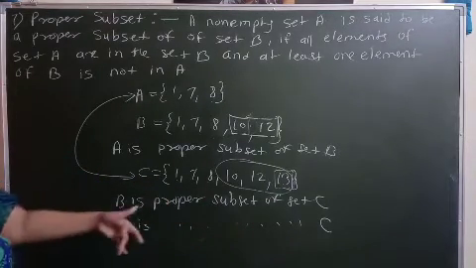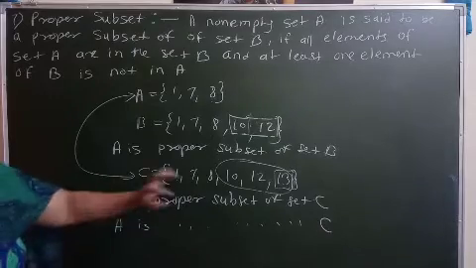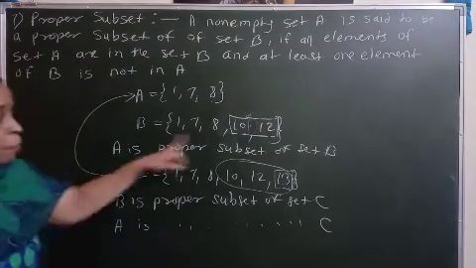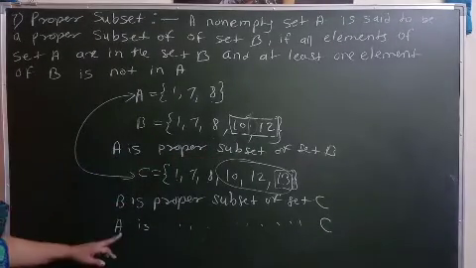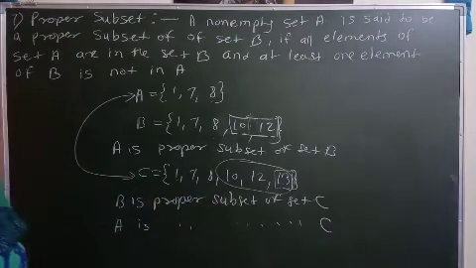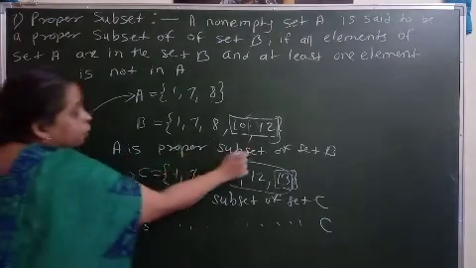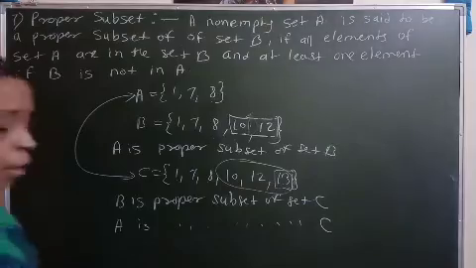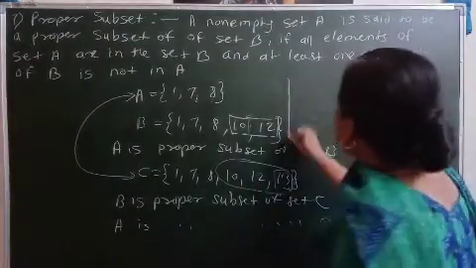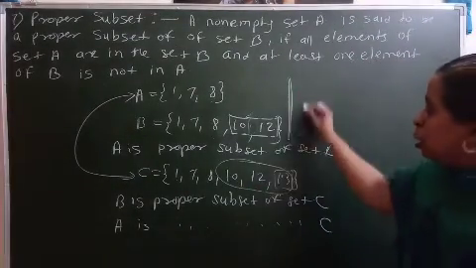बरोबर. आता पुढचं बघा, B तर प्रॉपर सबसेट आहे C चा, A प्रॉपर सबसेट आहे C चा. मग आता जर हा प्रॉपर सबसेट असेल, आपण आताच थोड्या वेळापूर्वी काय लिहिलं, या A आणि B बद्दल बोलूया.